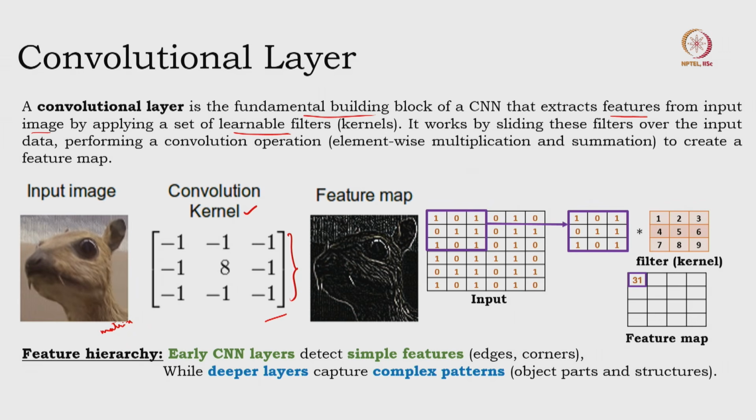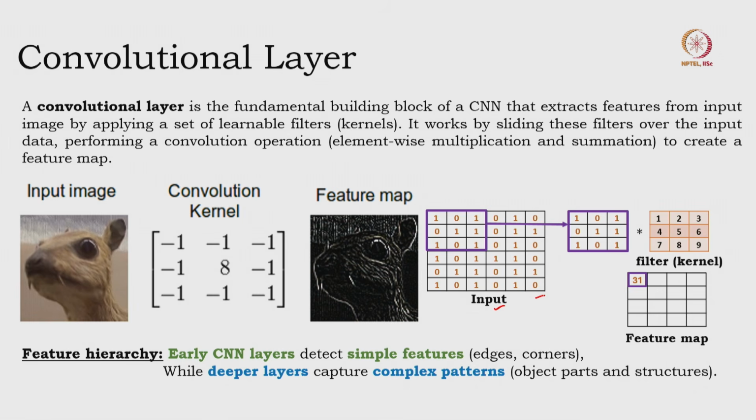Now, we have understood that in order to extract the features, we require a kernel. Now, how does it extract? How do the features get extracted? We know from the beginning of this session that we take an image as input, and an image is always represented as a matrix of pixel values.